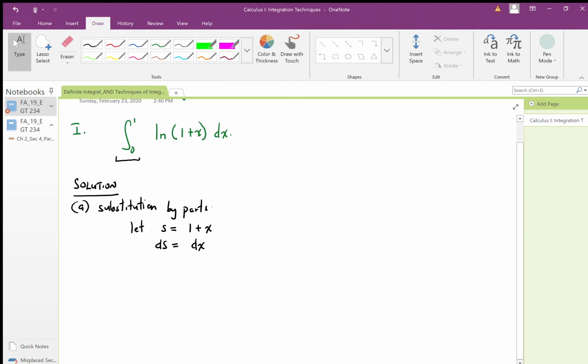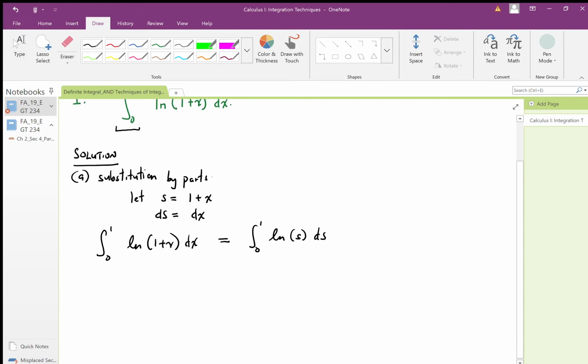Now I'm going to take that component and rewrite this. Now it's going to look something of this nature. The integral from 0 to 1 of the natural log of 1 plus x dx is the same thing as the integral from 0 to 1 of the natural log of s ds.